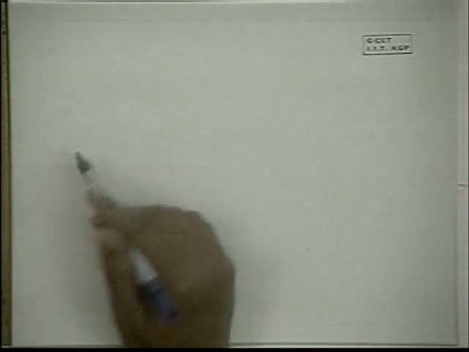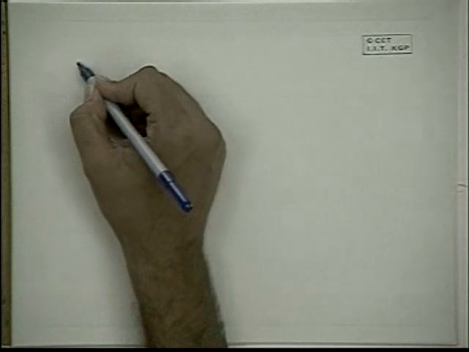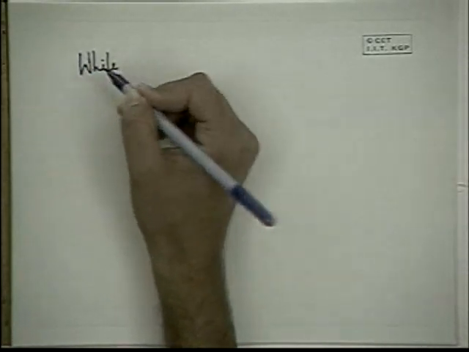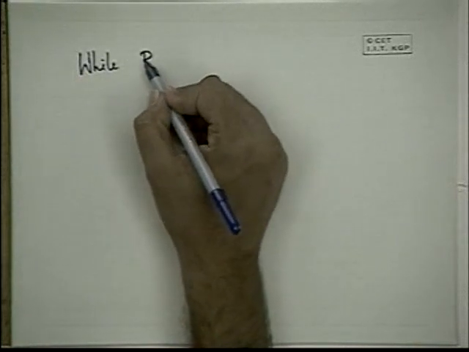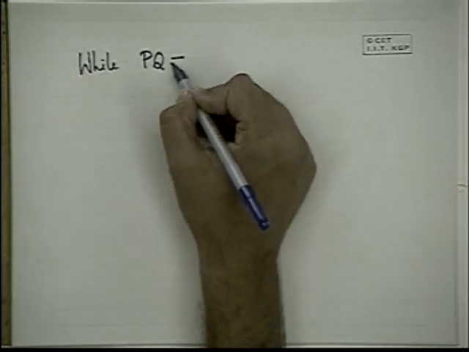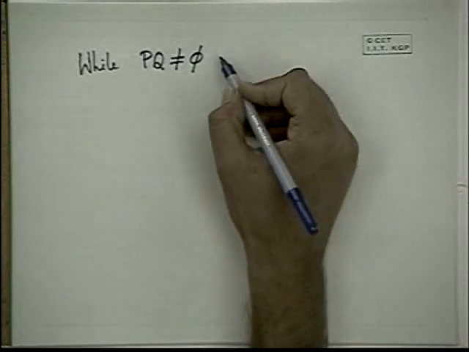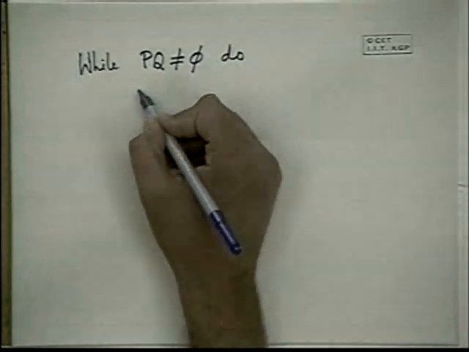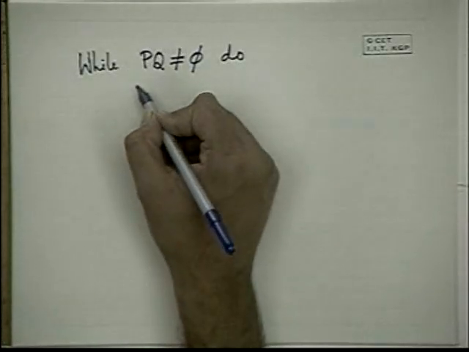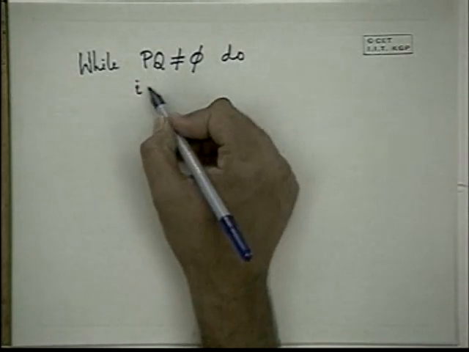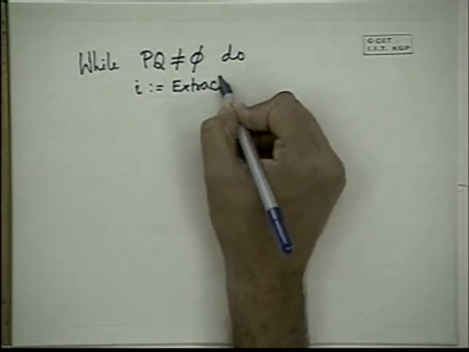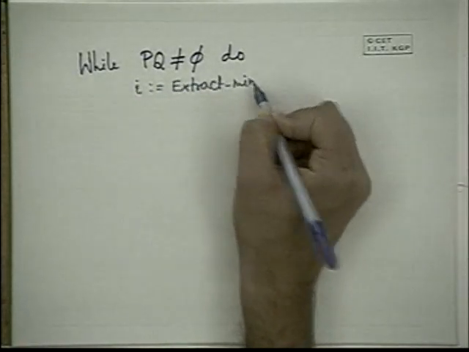Now comes the algorithm. So here is the actual algorithm. We will take out vertices one by one from the priority queue. While priority queue is not empty, do I is equal to extract min from the priority queue.